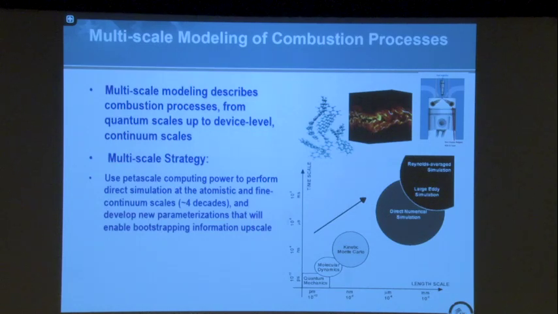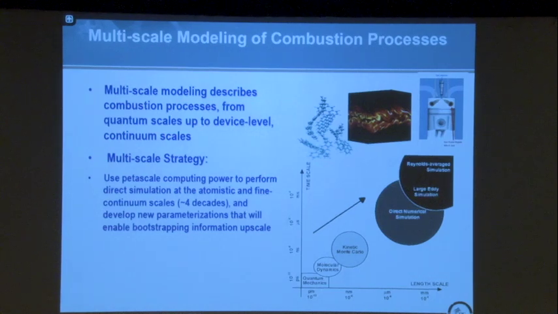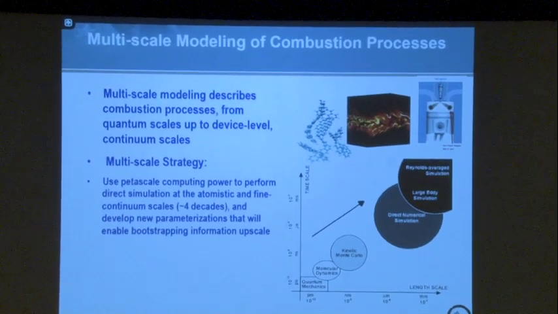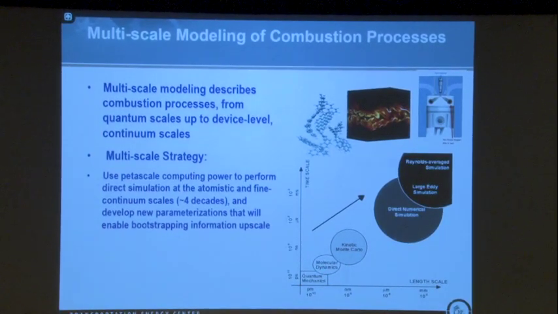So given this daunting range of scales that we have to resolve, it's impossible to resolve everything from the quantum scales that describe chemistry all the way up through the continuum scale. As I said at the beginning of the talk, that will span anything from 6 to 10 or more decades of scales.